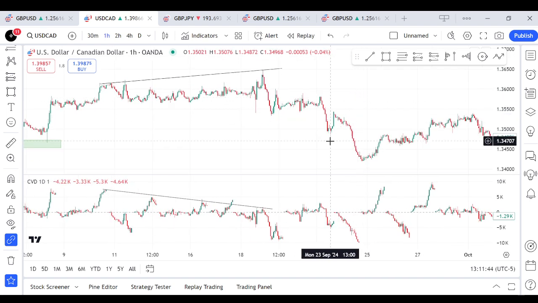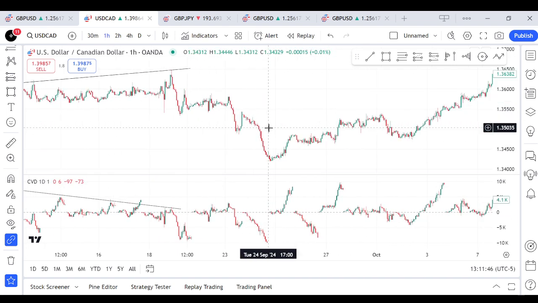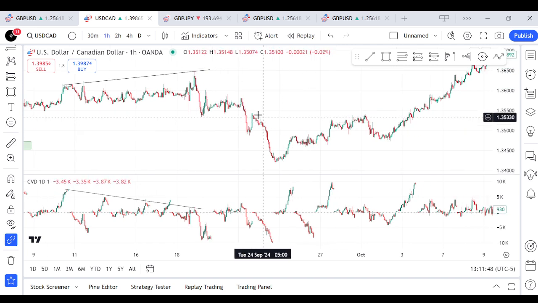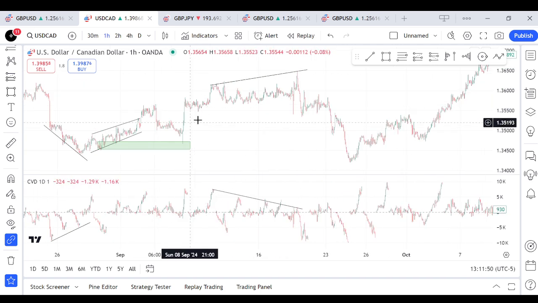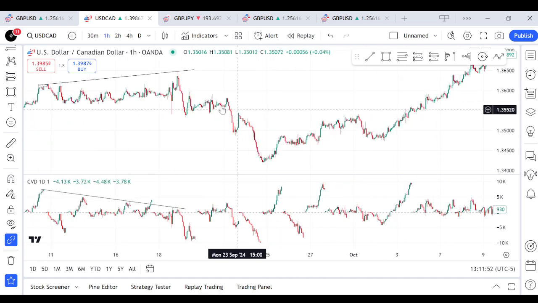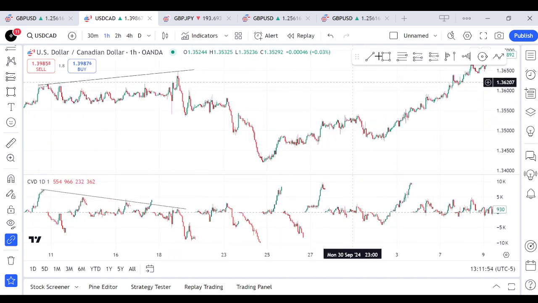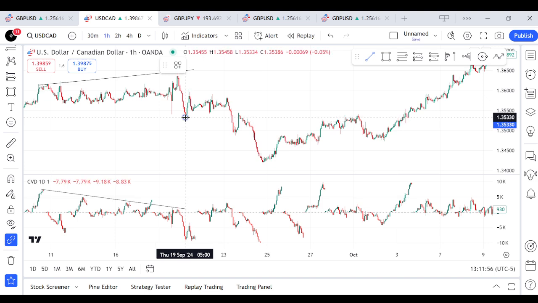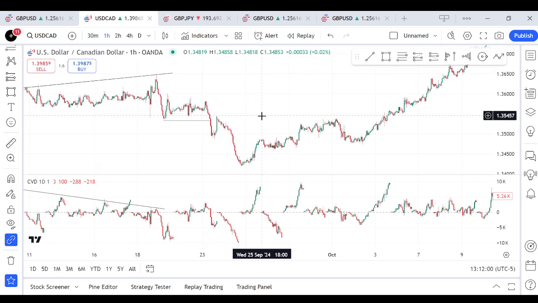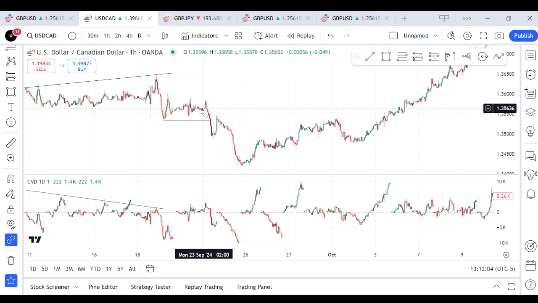And you can see after this, we switched from bullish to bearish, giving us lower lows and lower highs, and breaks to the downside right here. So that is another way you can use the CVD in your trades.